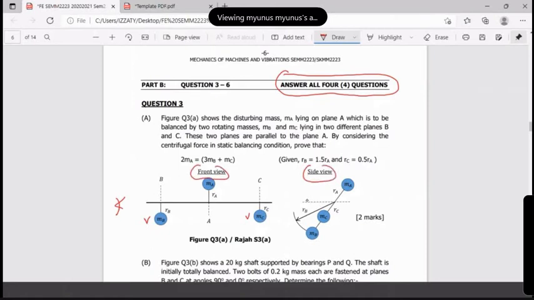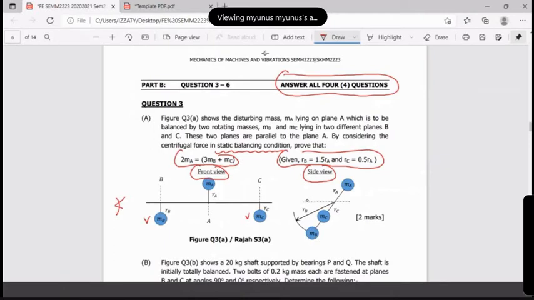So by considering the centrifugal force in static, prove that this one equals this one and this one, as given. It's not very difficult. This one is very direct. Static condition, you know what is static condition, isn't it?